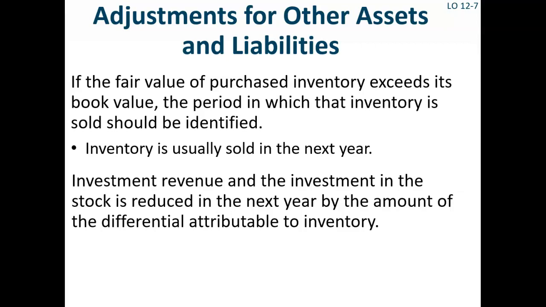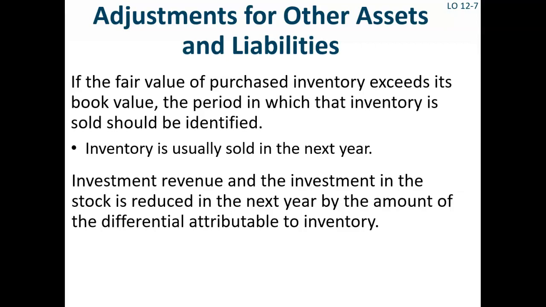If, for instance, the $1 million difference between the fair value and the book value had been attributable to inventory rather than buildings, and that inventory was sold by Argent in the year following United's investment, United would reduce investment revenue by its 30% share of the difference, $300,000, in the year following the investment.